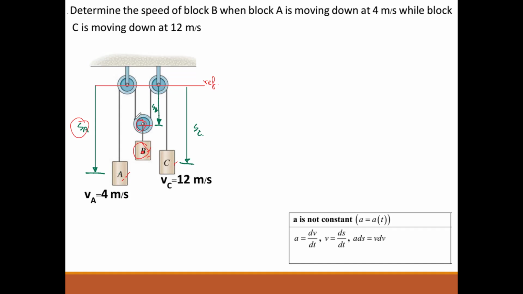Because we would like to construct the constraint equation that depends on the length of the rope in the pulley system like this. And for SC also. Actually, if we consider the rope in the pulley system, we have this, right? So we can construct the constraint equation for these cases.